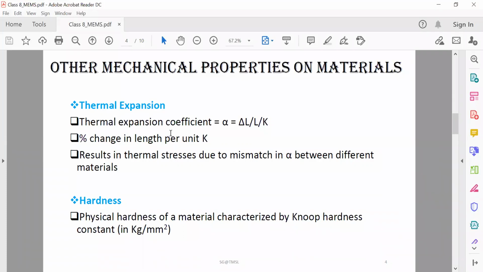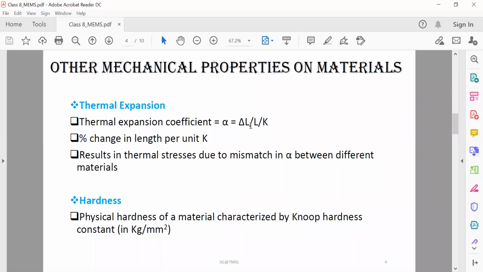A high temperature means the molecules are moving faster. If you heat up a material, the molecules move faster and, as a result, they take up more space. They tend to move into areas that were previously empty. This causes the size of the object to increase. That is thermal expansion. The thermal expansion coefficient is known as alpha.